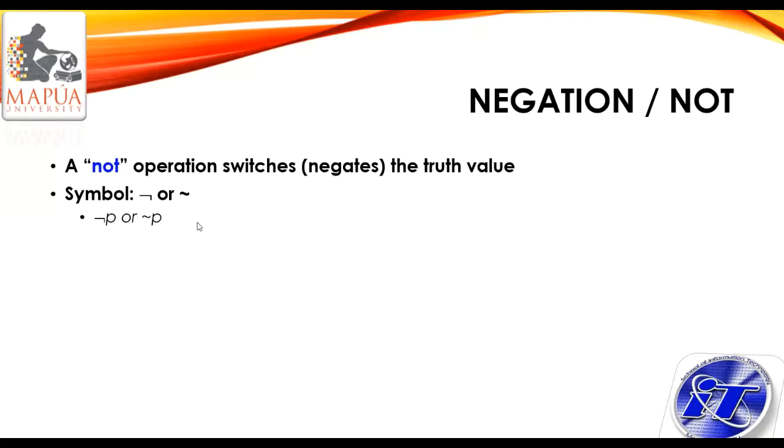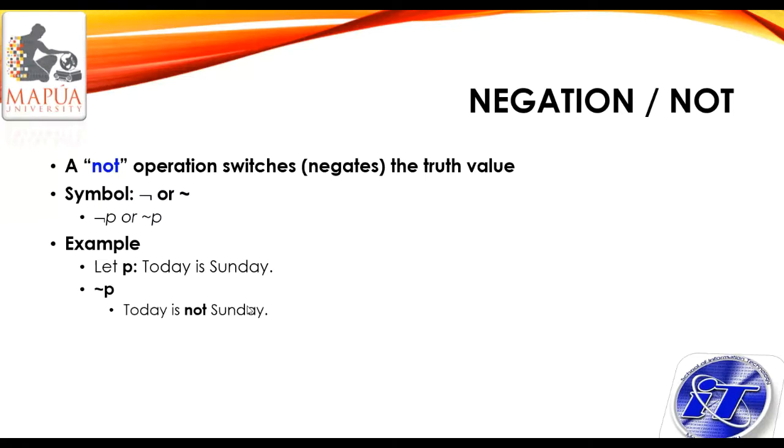So let's have an example. Let P, today is Sunday. So when we negate P, we negate the predicate or the fact about the subject. So the result will be today is not Sunday.